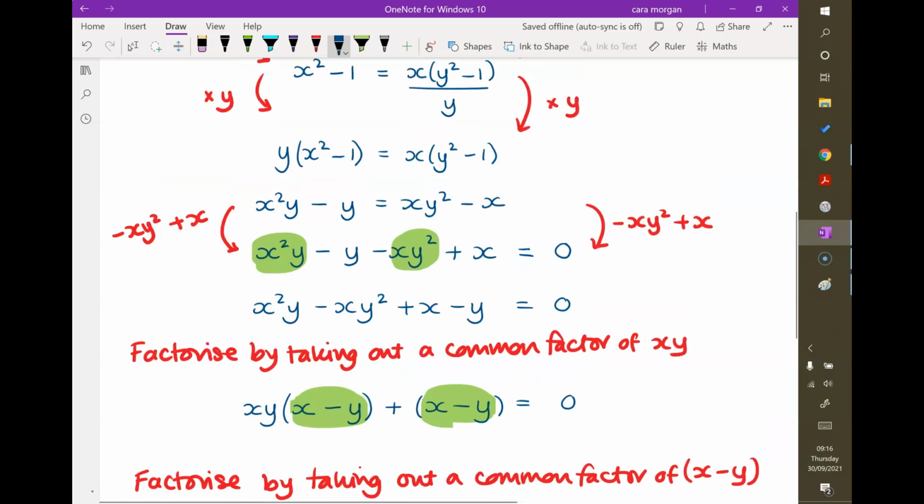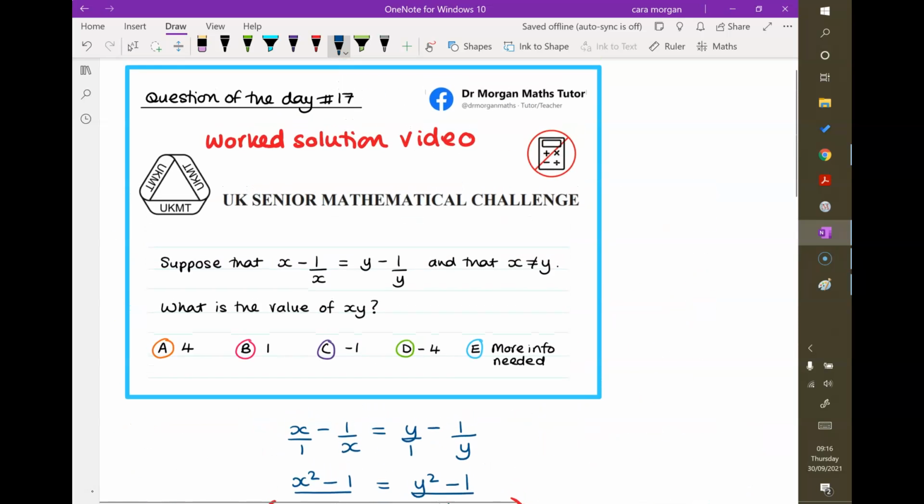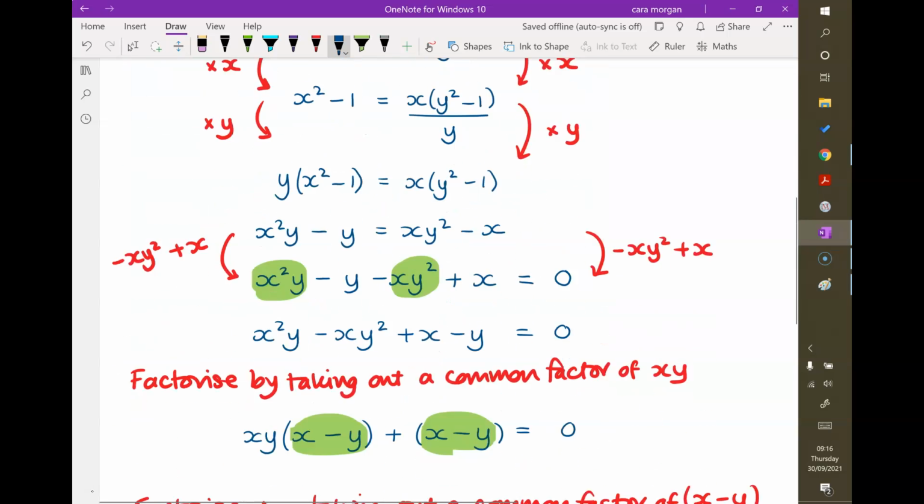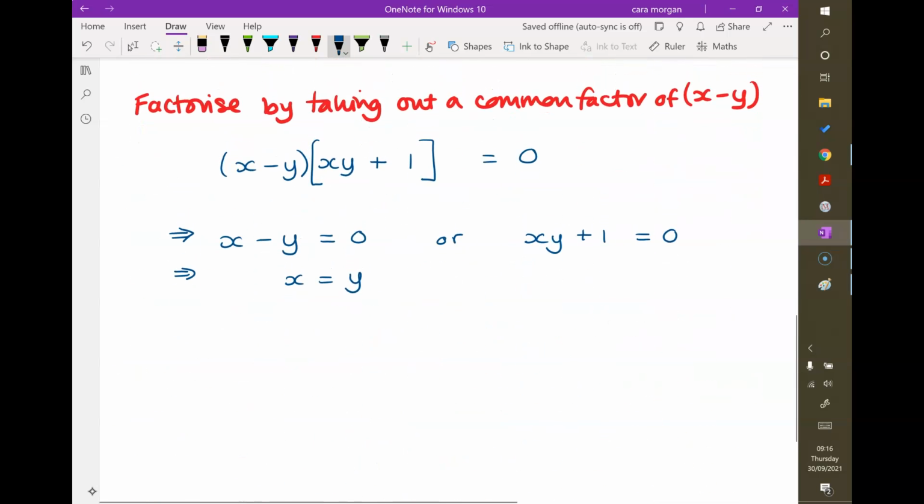But if I look at the beginning of the question, it tells me very clearly that x cannot equal y. So this is an invalid result. I'm going to write down since x cannot equal the value of y, which therefore leads me to conclude that xy must be equal to -1.